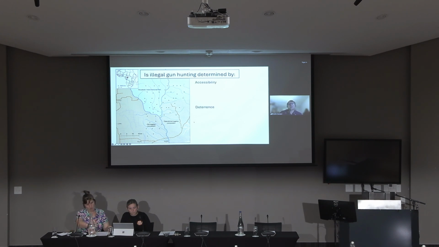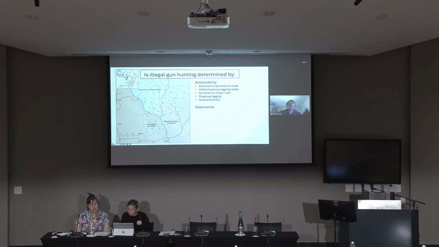We hypothesized that the levels of illegal gun hunting would be determined by two main factors: accessibility, how easy is it for poachers to get into an area, and deterrence, things that would dissuade poachers from exploiting an area. For each of these 50 sites, we measured variables pertaining to accessibility, things like distance to permanent roads and networks of old logging roads, and distance to the nearest major rivers, which are navigable by local canoes called pirogues, so they can provide access just like roads can.